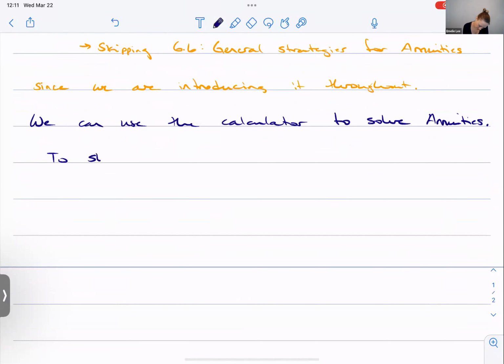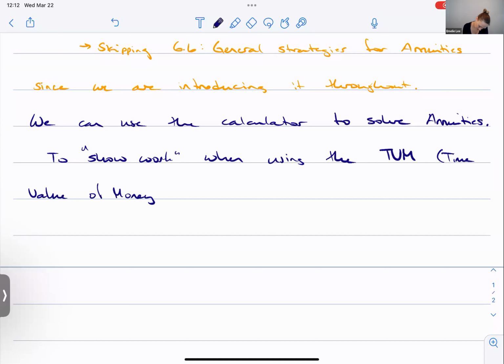Anyways, to show our work when using the TVM functions, I think that's time value of money functions, usually it's just referred to as TVM functions.